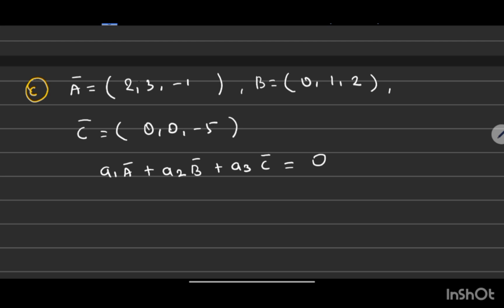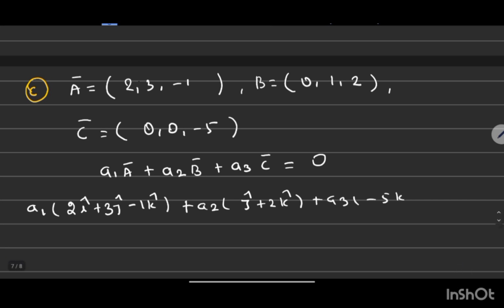So you get a1 times 2i plus 3j minus k, plus a2 times j plus 2k, plus a3 times minus 5k is equal to 0.